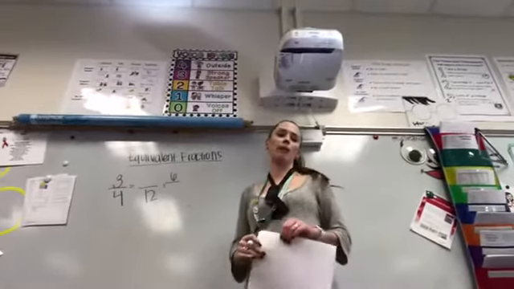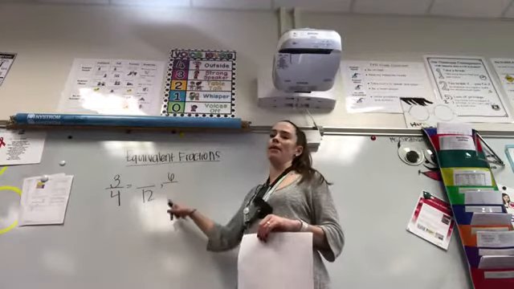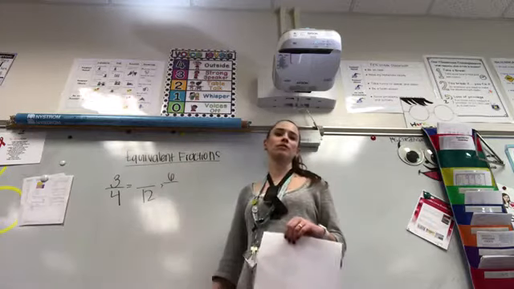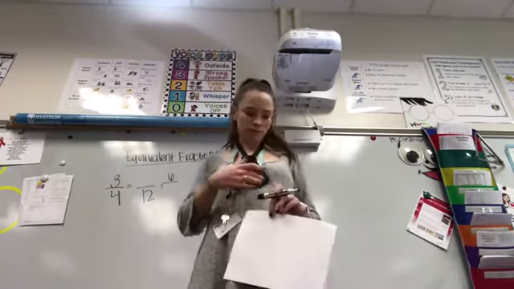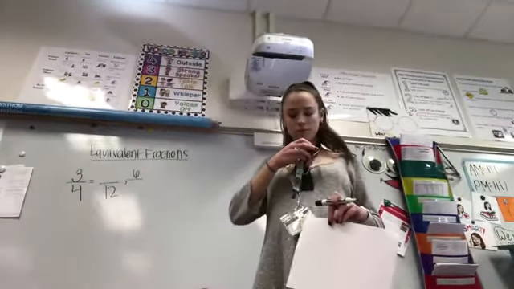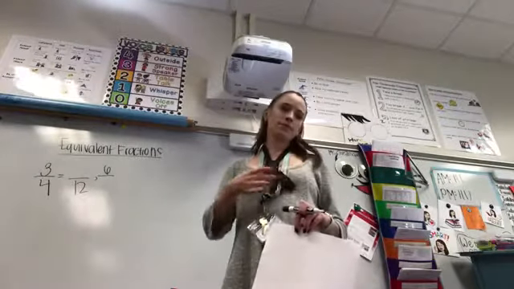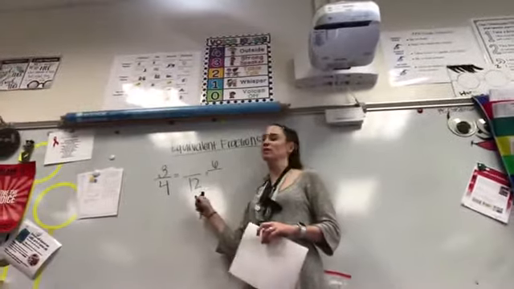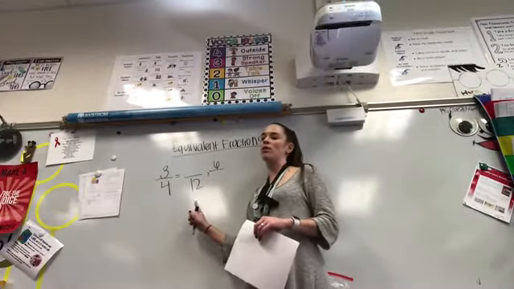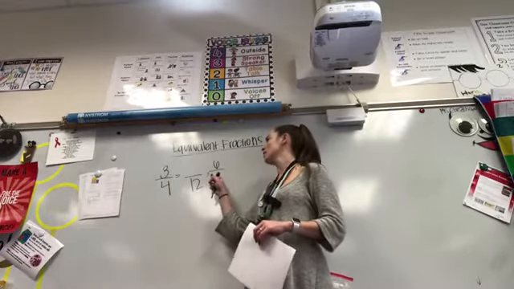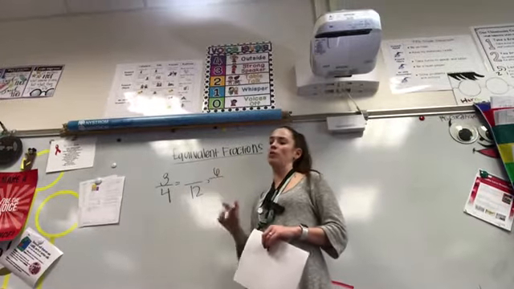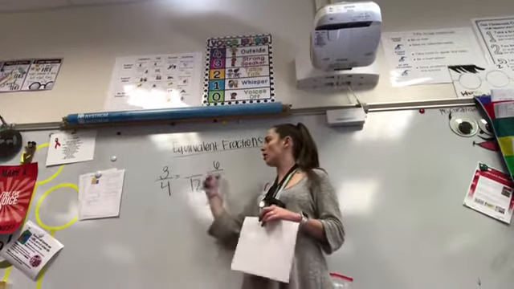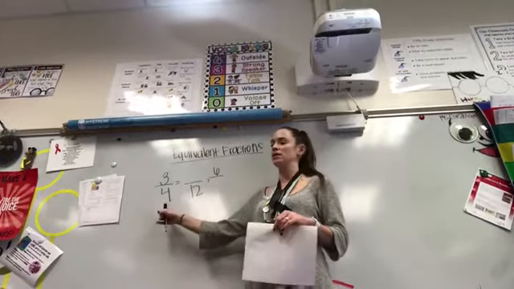Right now on your paper, find the equivalent fraction. What does the comma mean? Two different fractions. So I want one equivalent fraction with a denominator of 12 and another equivalent fraction with a numerator of 6. What are those fractions that are going to be equivalent to 3/4?